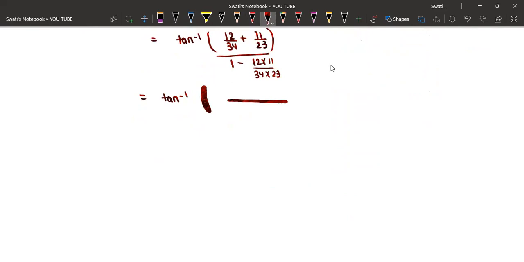If I simplify my expression, it will become tan inverse, 12 upon 34 is, 2 times 6 is 12 and 2 times 17 is 34, so it is 6 upon 17. And this we can simplify it further. So 11 upon 23 only.